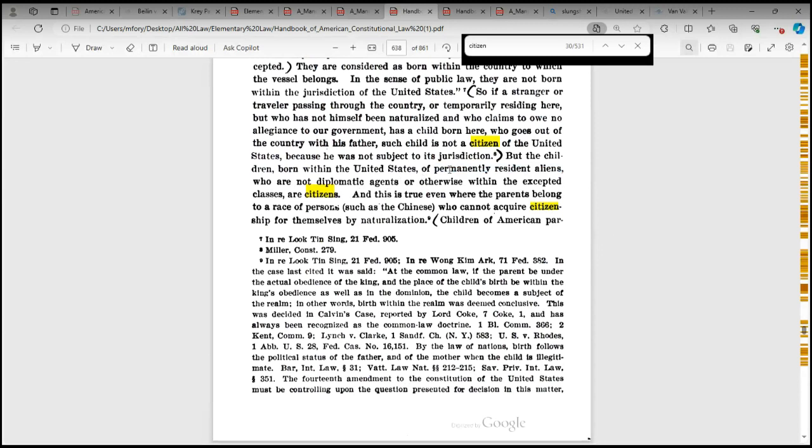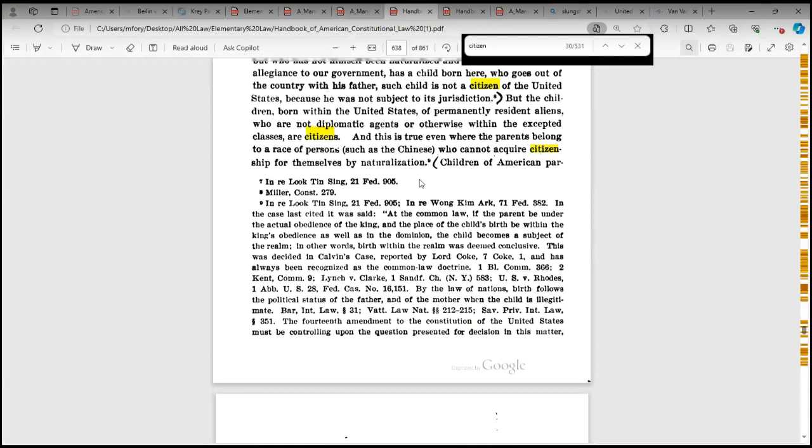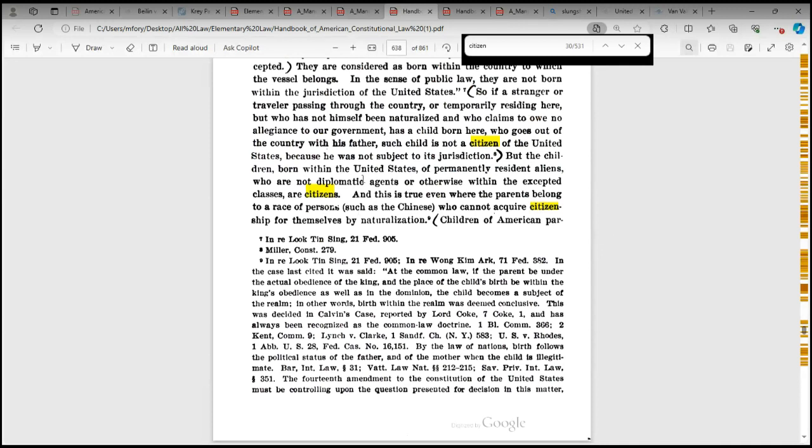So of permanently resident aliens who are not diplomatic agents or otherwise within the accepted classes of citizens. And this is true even where the parents belong to a race of persons such as the Chinese who cannot acquire citizenship for themselves or naturalization. So the law banning them from becoming citizens did not ban them from residing within the country.